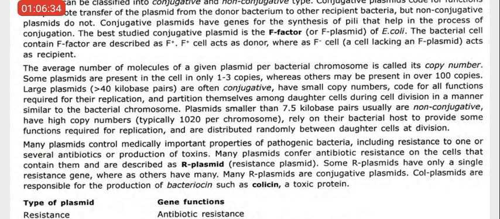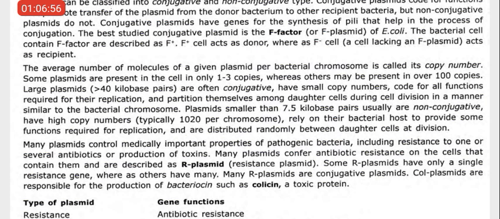Some plasmids are present in the cell in only 1 to 3 copies, whereas others may be present in over 100 copies. Large plasmids are often conjugative, have small copy numbers, code for all functions required for their replication, and partition themselves among daughter cells during cell division in a manner similar to the bacterial chromosome.